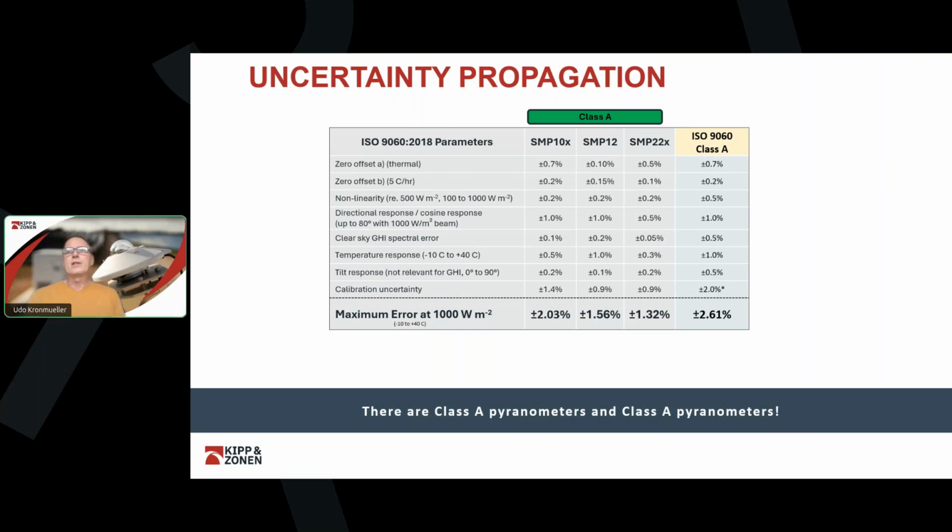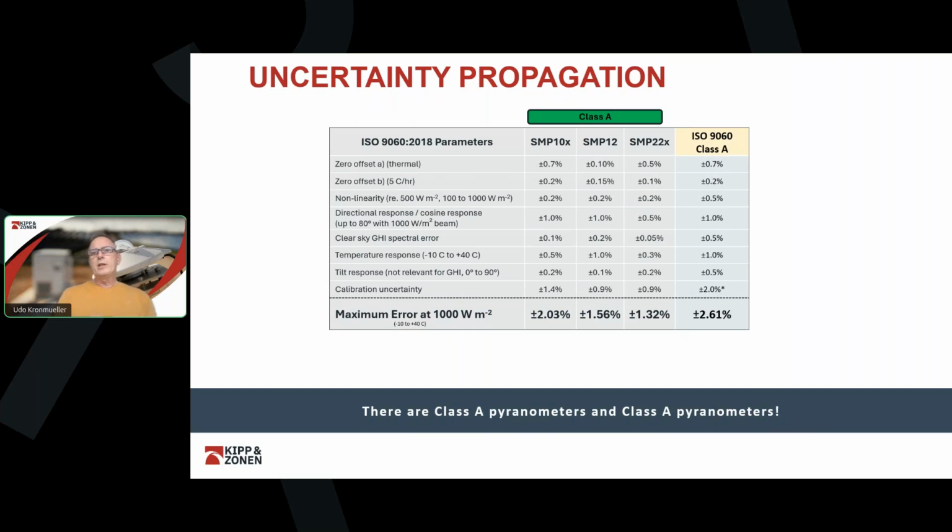The outside right column is what the standard specifies as a minimum threshold. The inner columns show the minimum performance of 3 different Kipp & Zonen class A pyranometers: the SMP10X, the 12, and the 22X. And the bottom line sums up all thresholds to a maximum error scenario at an irradiance of 1000 watts per square meter.